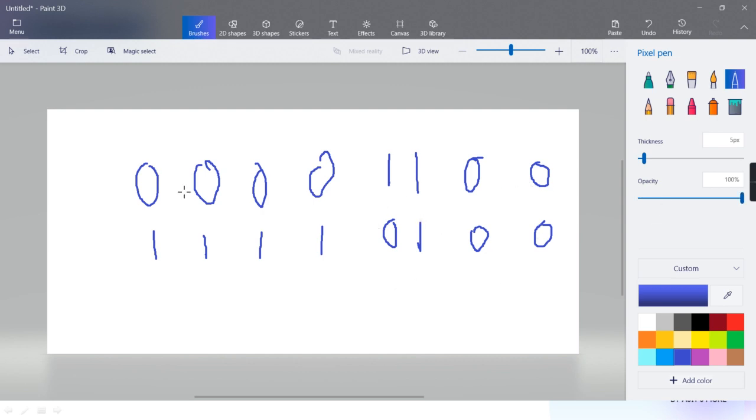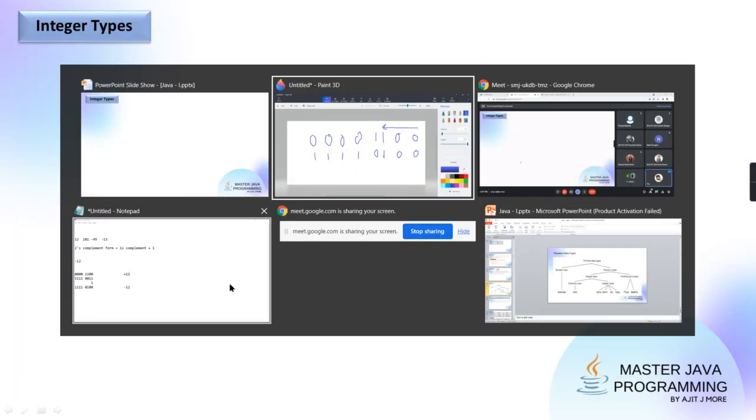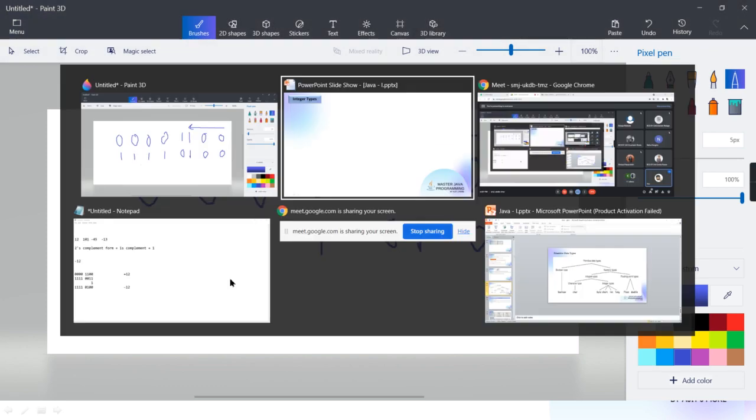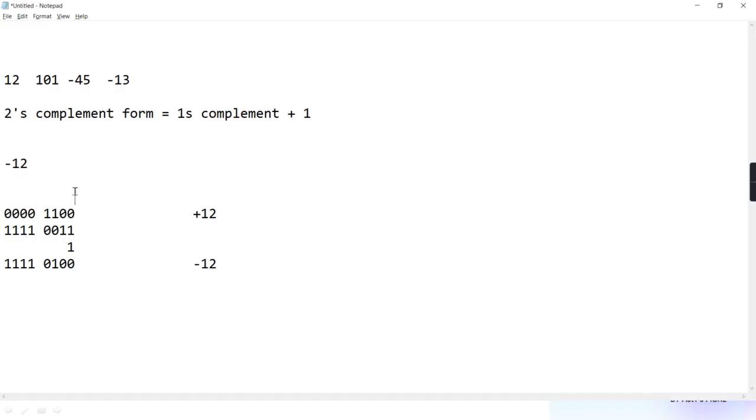So how to find 2's complement? From LSB, until you get the first 1, keep it as it is, and then do the complement, the 1's complement. Do you get the same answer? Can you check? See here.